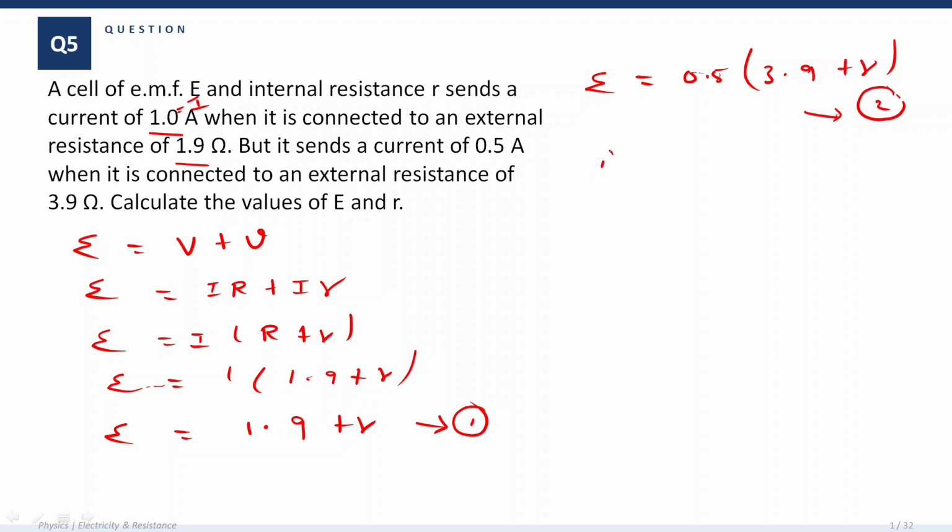Equate equation 1 equal to 2. 1.9 plus r equal to 0.5 into 3.9 plus 0.5 r.